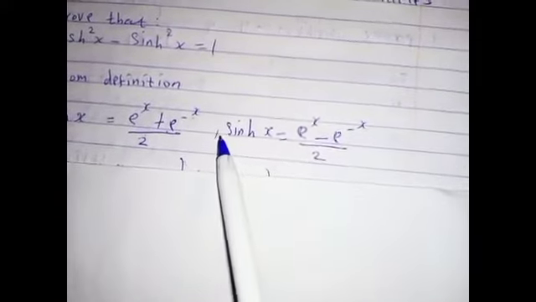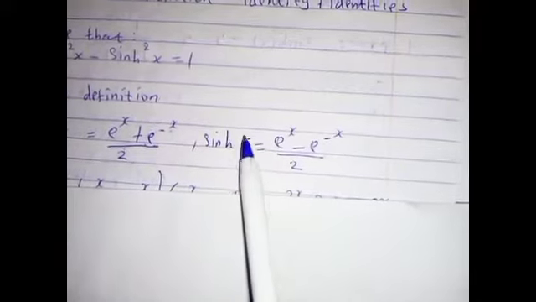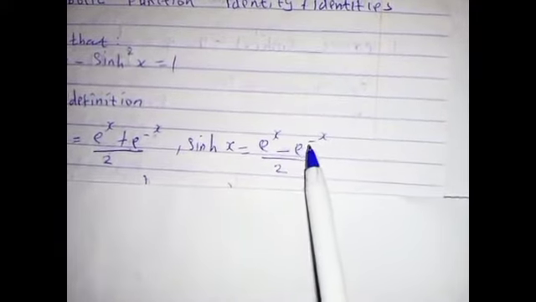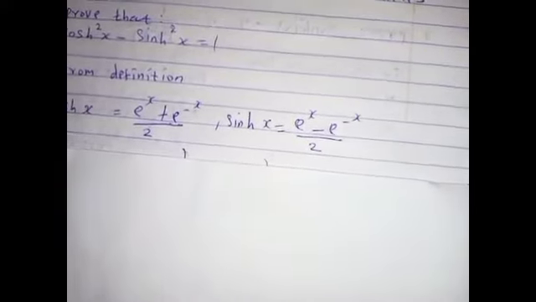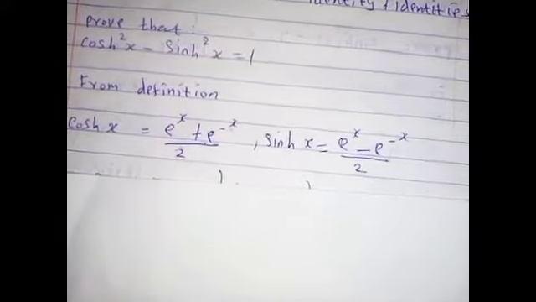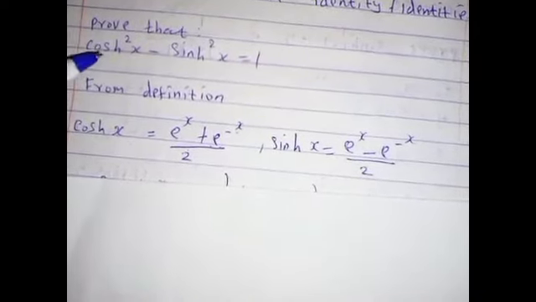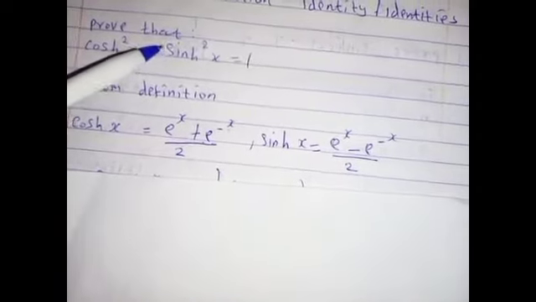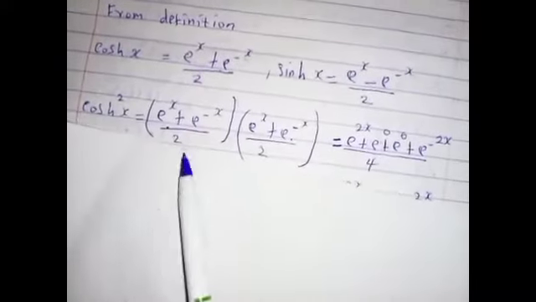And the hyperbolic function sinh x is defined by e to the power x minus e to the power negative x divided by 2. Now, once we define that, we are going to square cosh x, and we are going to square sinh x, as shown here.